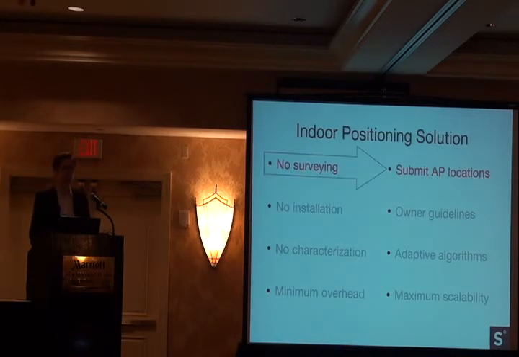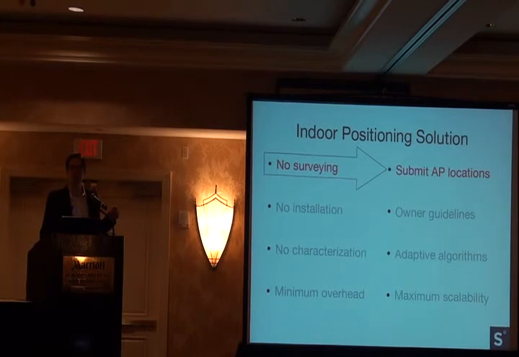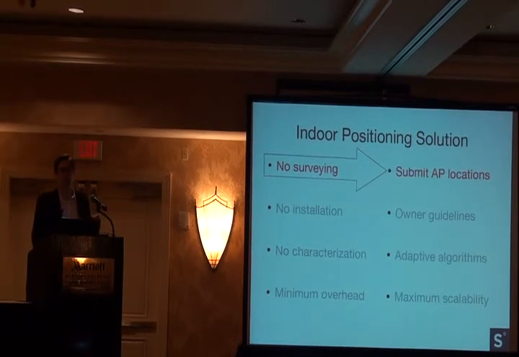So the solution we came up with is one with no surveying. So what's left? We need the venue owners to submit their access point locations. Now, the degree of precision with which they submit those locations is going to determine the degree of precision with which we can position them. And that's another way in which they can participate in improving their own positioning.